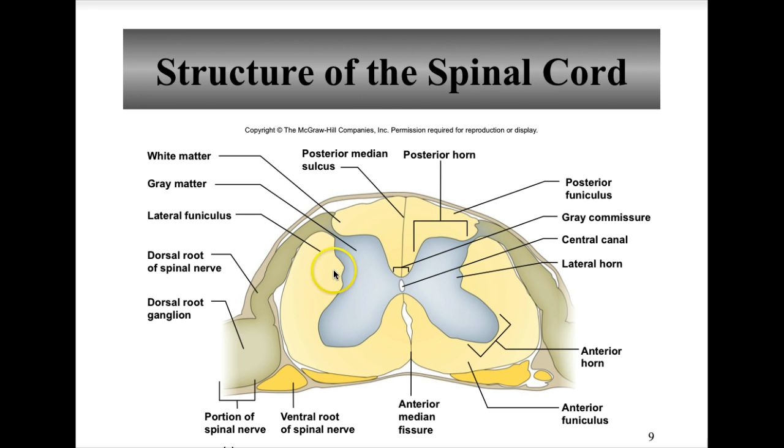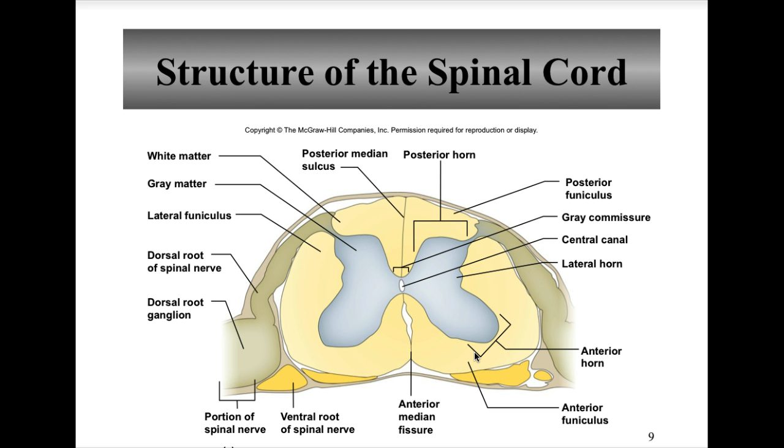You have the posterior funiculi, lateral funiculi or white columns, and anterior ventral funiculi or white columns. So here are the lateral funiculi. Here's the posterior funiculus. And then here would be your anterior funiculus.